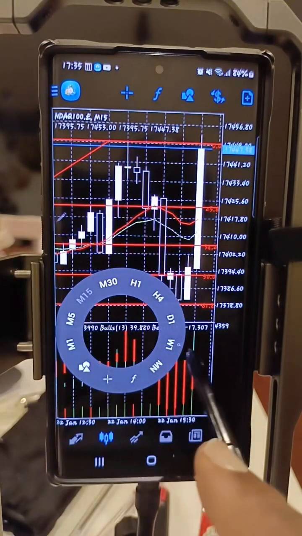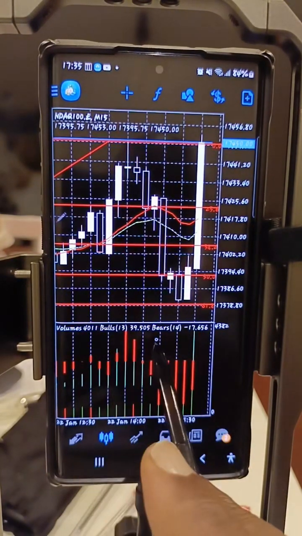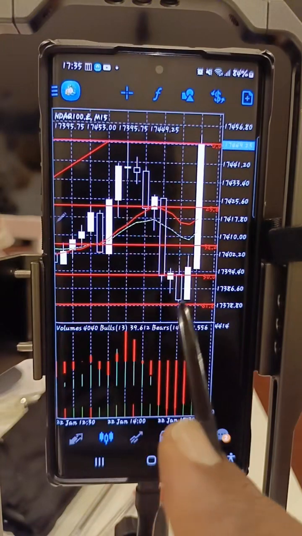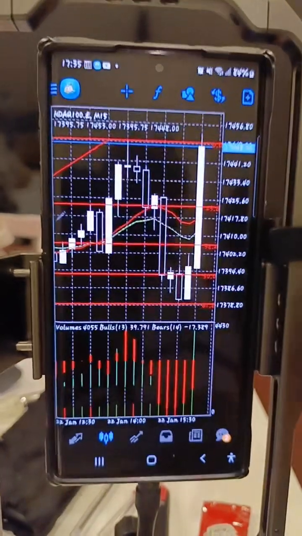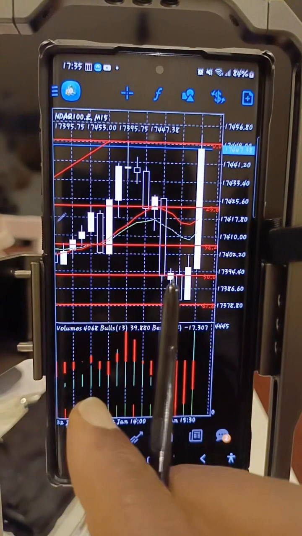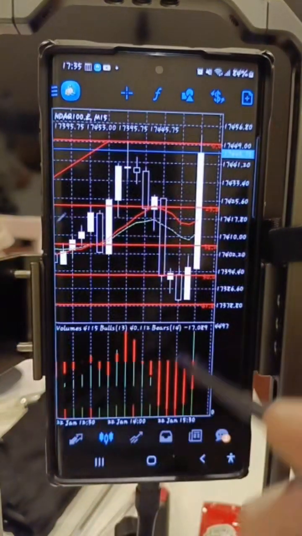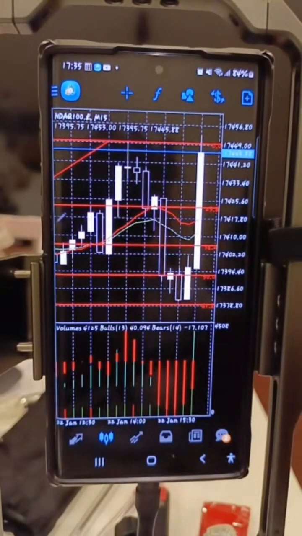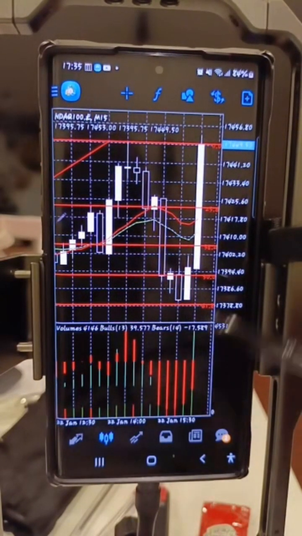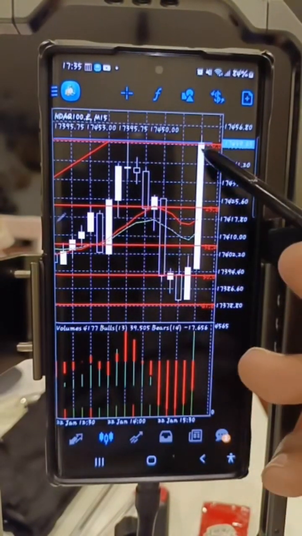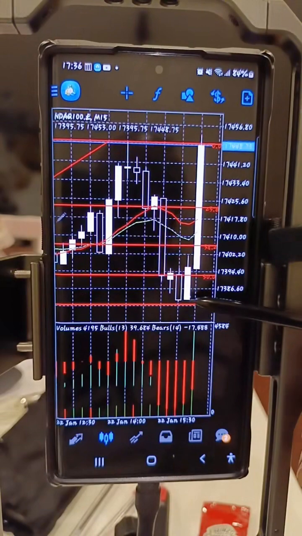You can see the volume is very high, okay? So there's a lot of activity happening here. You can clearly see it came right at 61, and this was a buy. That was one of my predictions because the month gives the bias. Clearly you can see there's a bias of buying.